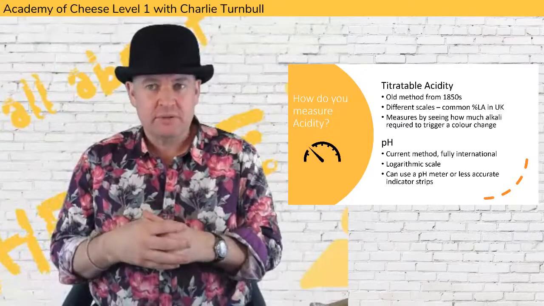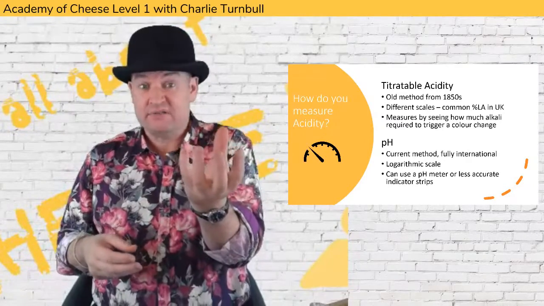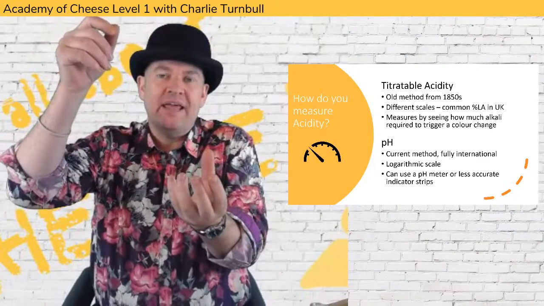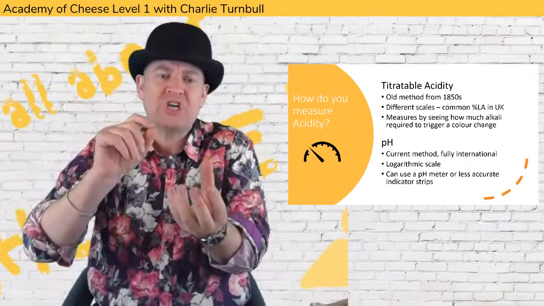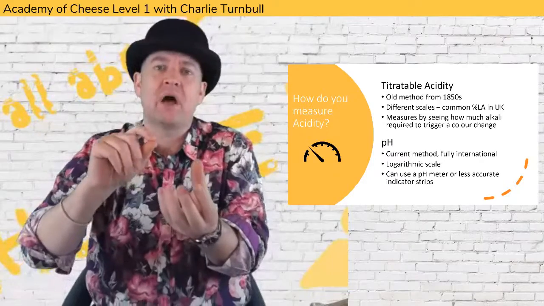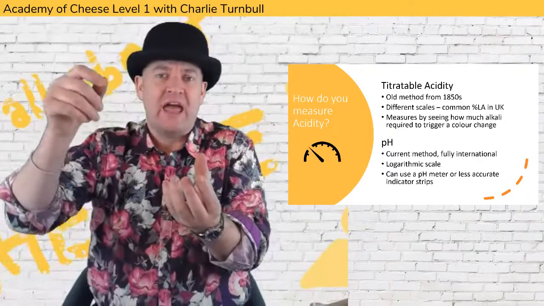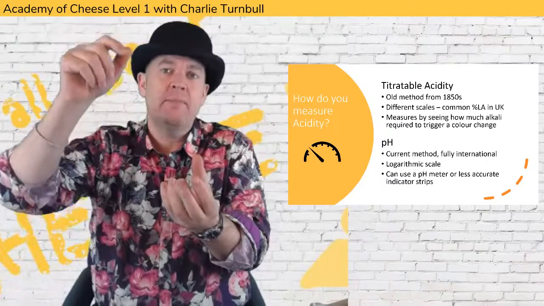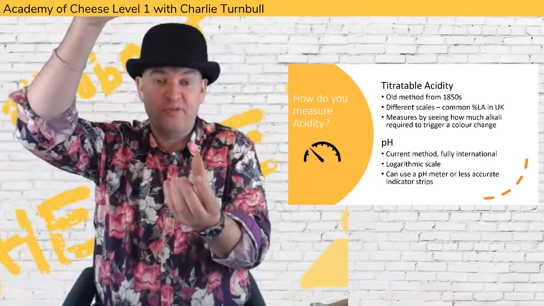It's measured by taking your acid compound, whatever it is, and adding an indicator which will change color when it becomes neutral. Then you add little bits of alkali to it and measure the alkali you put in by titration tube, a little pipette.